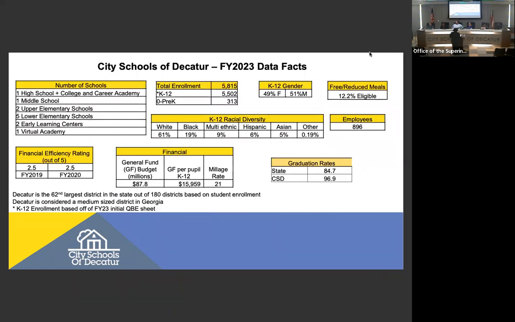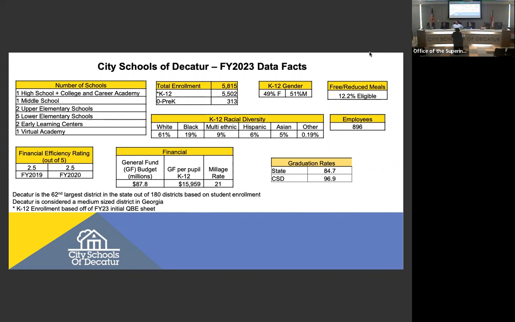Fiscal year 23 data facts for City Schools of Decatur include, we have 12 learning facilities, including the Early Learning Centers and Virtual Academy. We have a little under 6,000 students, with approximately 5,502 in K-12. The 5,502 K-12 enrollment is based off of the fiscal year 23 FTEs in the initial QBE report.